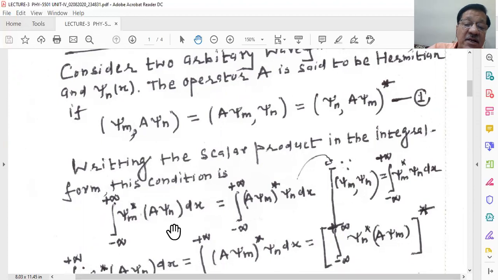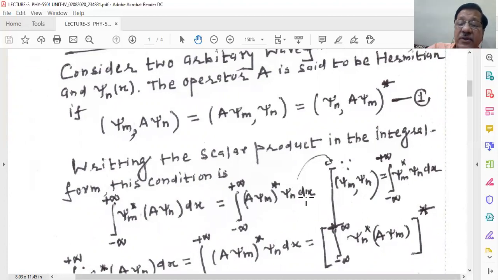Now you have the scalar product of A psi m with psi n. Using this definition, we can write A psi m whole star. You see, I put a parenthesis, a combined unit, and I put a star here. And then psi n, I'm keeping psi n as it is, psi n dx.